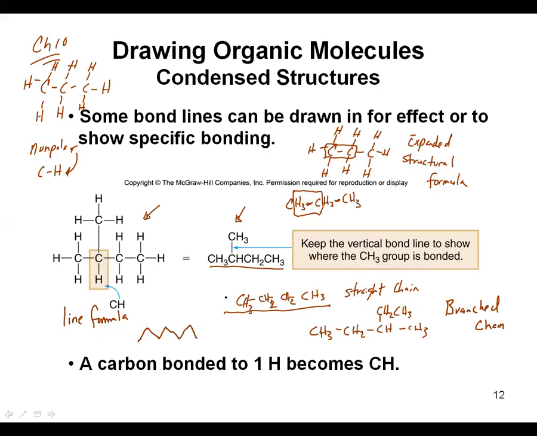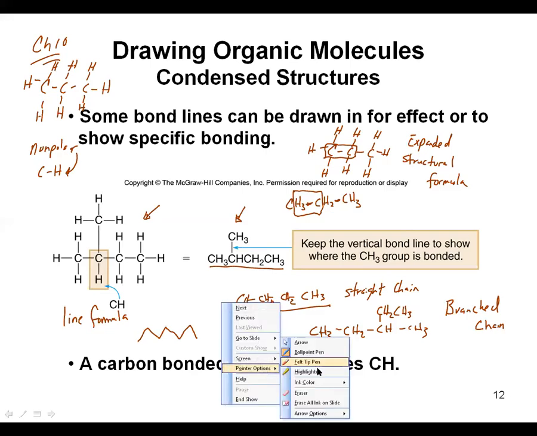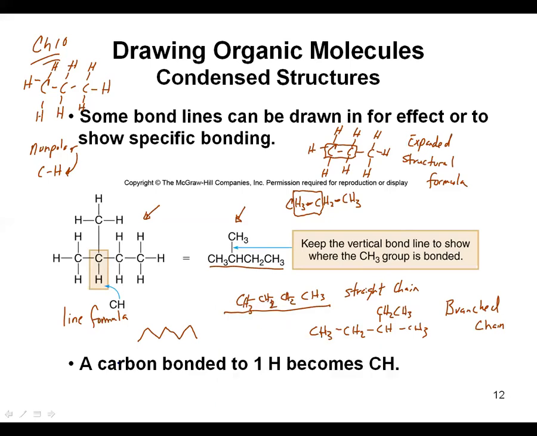And pretty much everywhere you see a point, or everywhere a line ends, it's assumed to be a carbon. So carbon would be here at the end, carbon would be here, here, here, here, and here. Although it just looks like a mountain range.